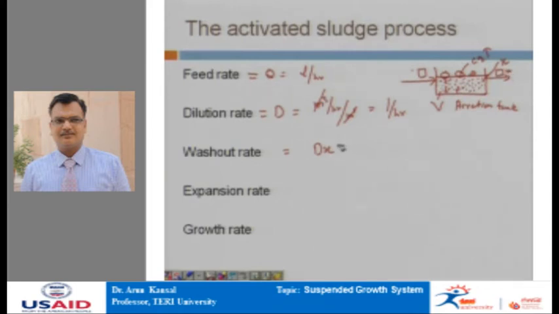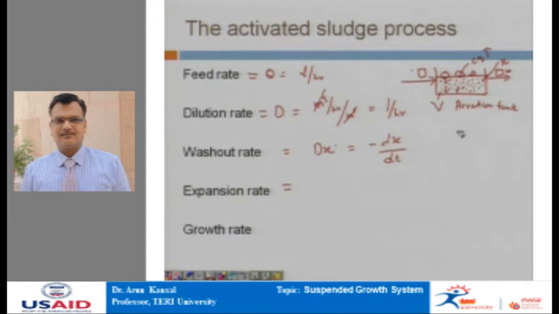So, the concentration multiplied by the dilution rate gives the washout rate of the bacterial biomass, which can be expressed as minus dX/dt equals D times X. The minus sign means it is getting diluted or decreased. So, the rate of change of bacterial biomass in the aeration tank is equal to the dilution rate multiplied by the concentration of biomass in the system.